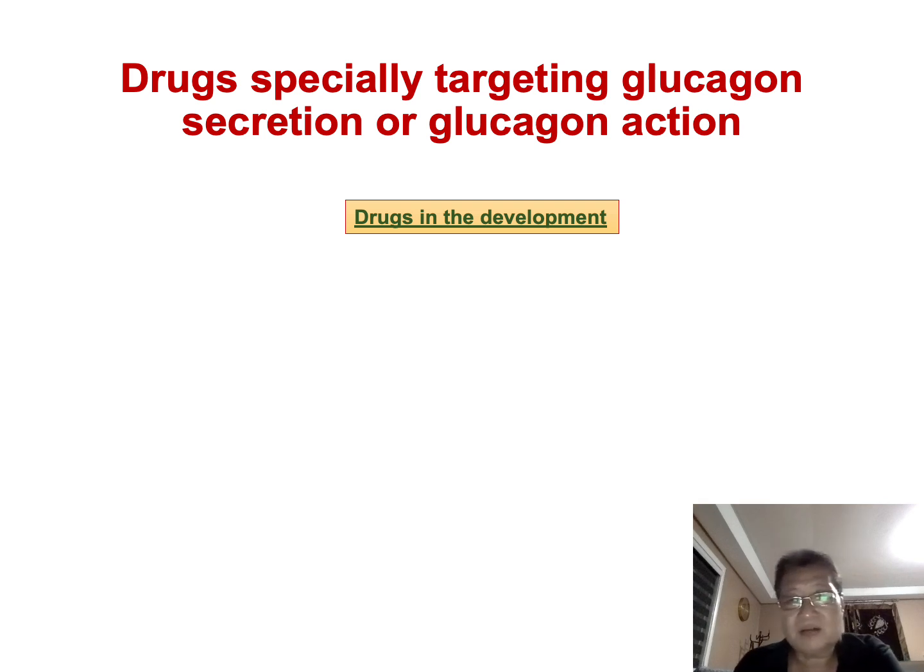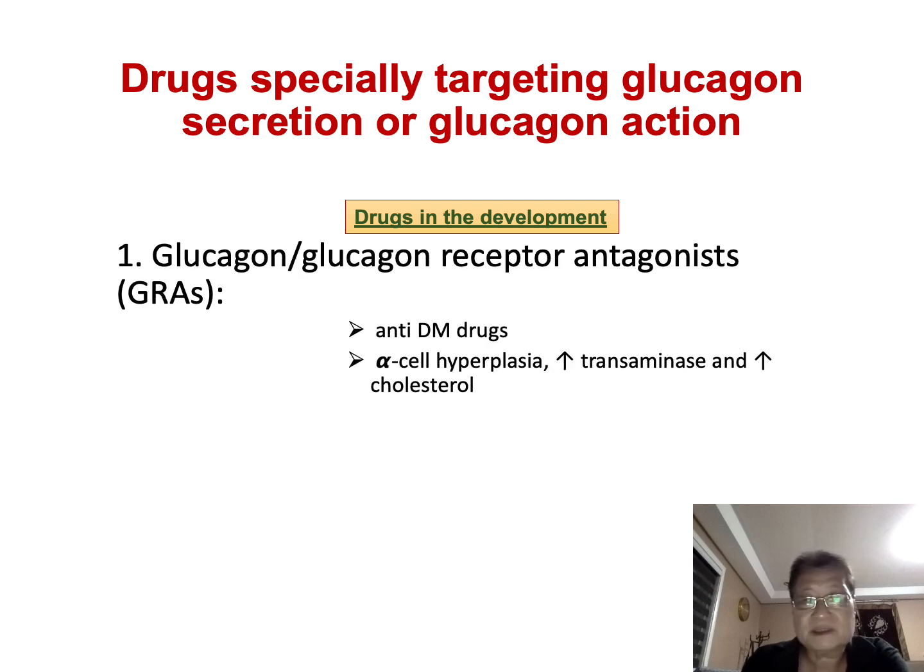So we go now to the drugs that are in development. First, we will discuss the glucagon antagonists. Antibodies that antagonize the circulating glucagon, as well as glucagon receptor antagonists, have been developed and are being assessed as possible anti-DM drugs.